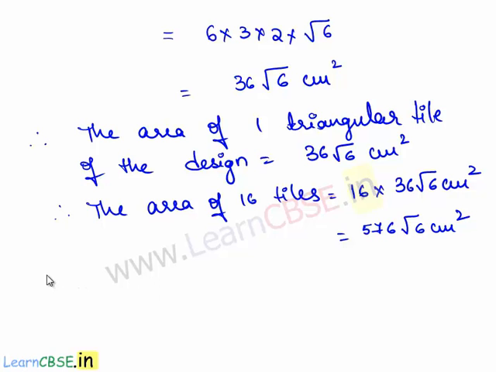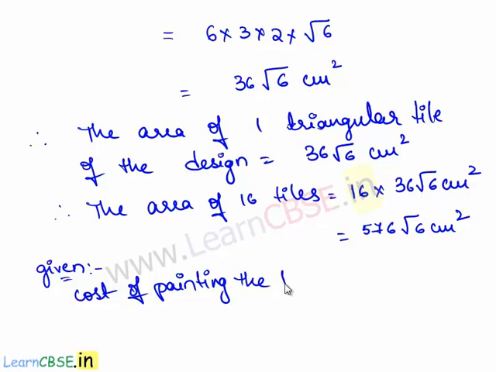Given in the question, cost of polishing the tiles per centimeter square is equal to 50 paisa, that is equal to 0.5 rupees.